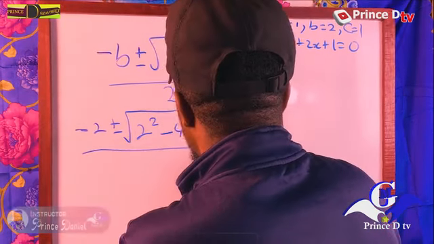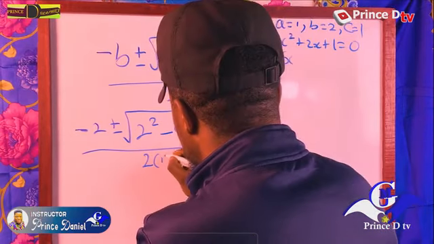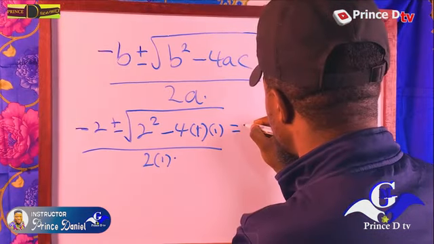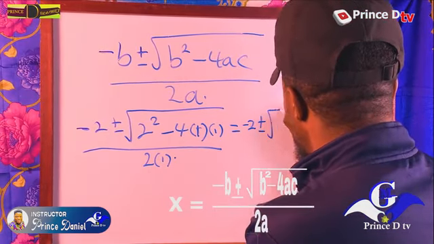All of this over 2A, 2 multiplied by A, and my A is 1. And of course, we are left with minus 2 plus or minus the square root.